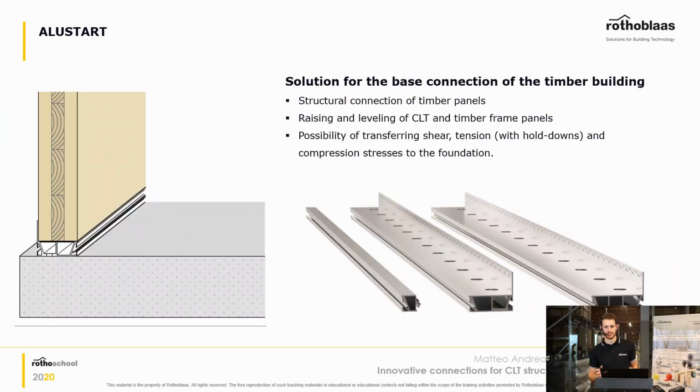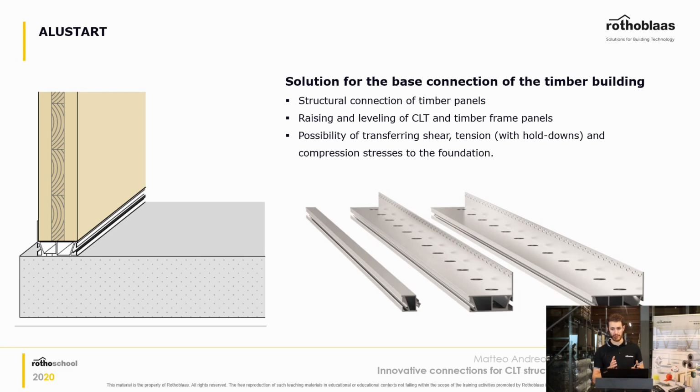The only issue that we usually have with these little concrete walls is the fact that the tolerances of the concrete walls are not the same as the tolerances that you have on your CLT structure. You use CNC machinery to cut your CLT panels, and you just pour the concrete wall on site.